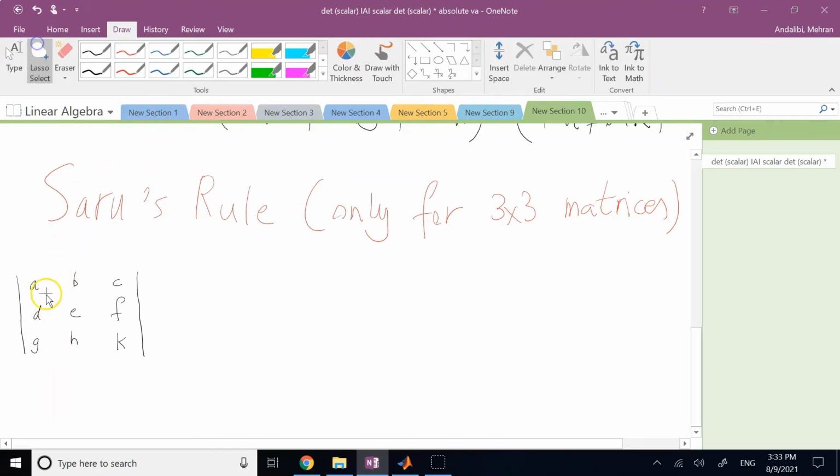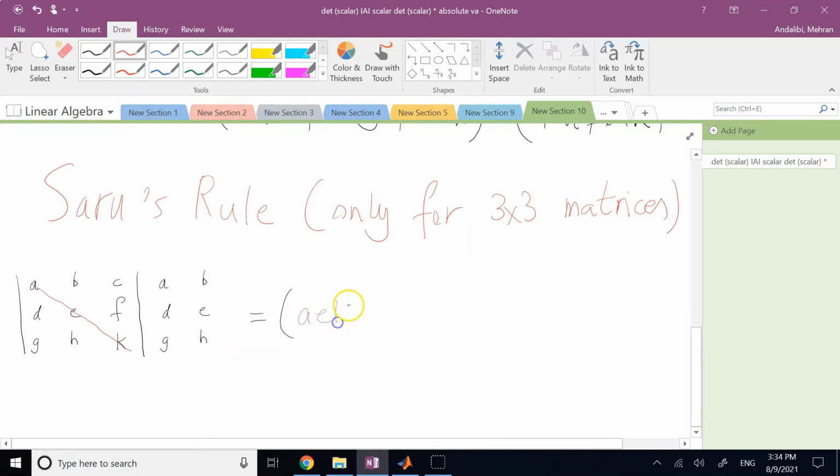He says you copy the first 2 columns and put them on the right side. You see here, I'm copying them and adding them on the right hand side, just like this. That's all you need. Now, what should you do? He says multiply the 3 elements on the main diagonal of the original matrix. What would you get? You will get AEK, correct?